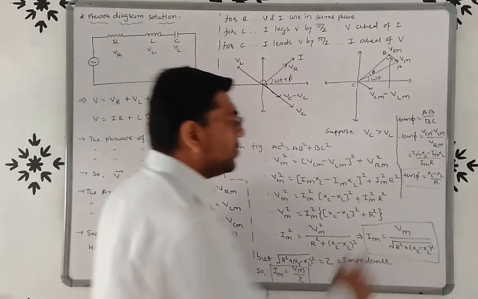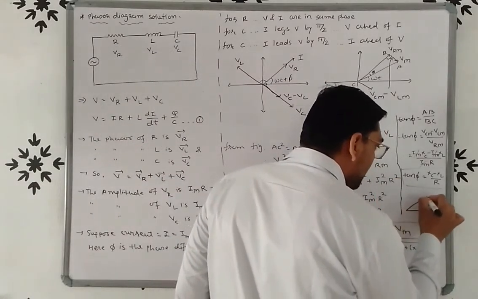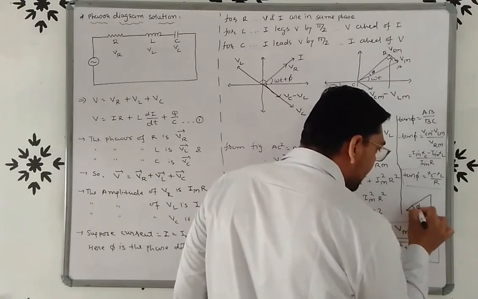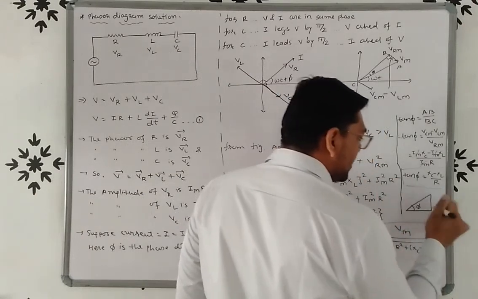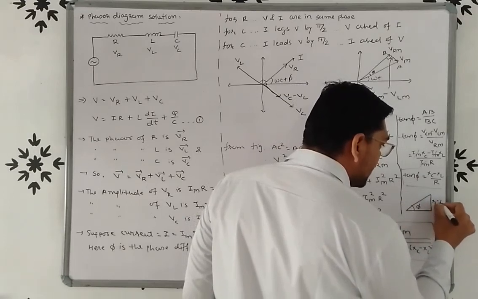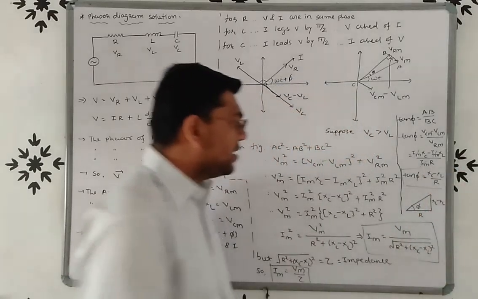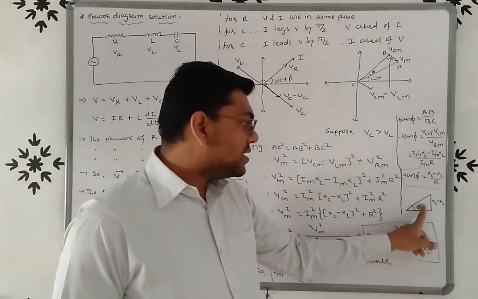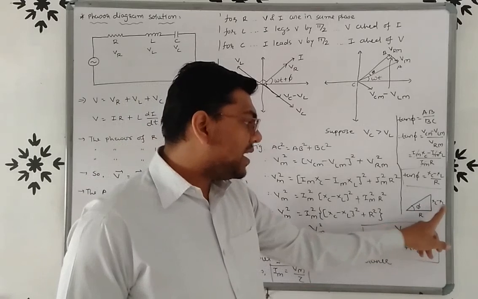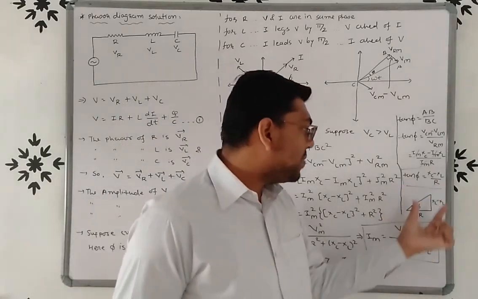So from this we can draw a figure like this. This angle phi, this side is given by XC minus XL, and this side is R. So you can simply use this: tan phi is equal to (XC minus XL) upon R. So we represent this equation by this figure.